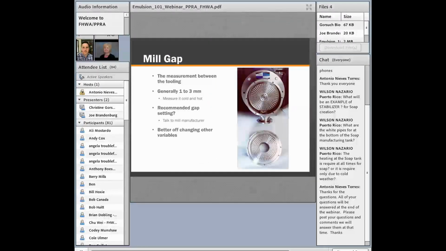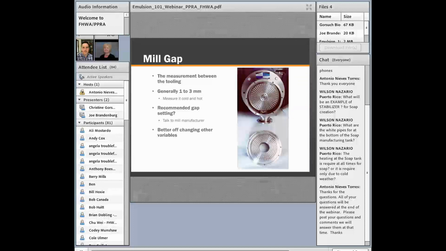Mill gap. I'll talk a bit more in detail about the mill gap. In the picture on the right, the top is what we would call the rotor. That's the part of the tooling that spins along with the tool bearing and the motor. The bottom is the stator. The stator, as you can see, has an opening, and that's where the asphalt and the soap are injected through the mill and sheared.